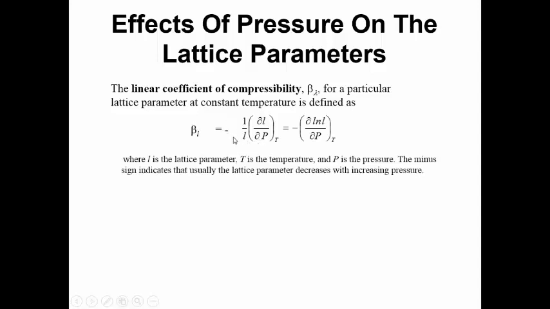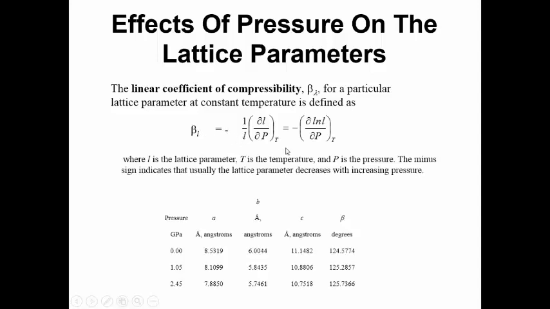We have a negative sign here because as you squeeze the material, the lattice constants get smaller. The greater the pressure, the smaller they are, so to keep the coefficient positive, we put a minus sign there. And now we can go ahead and do a similar plot.